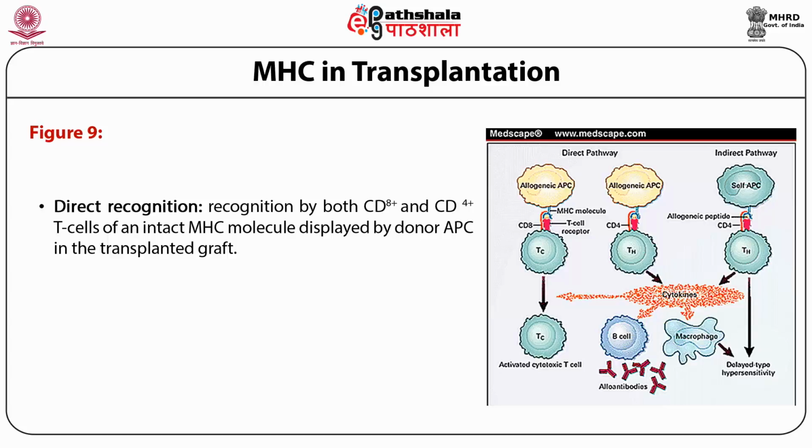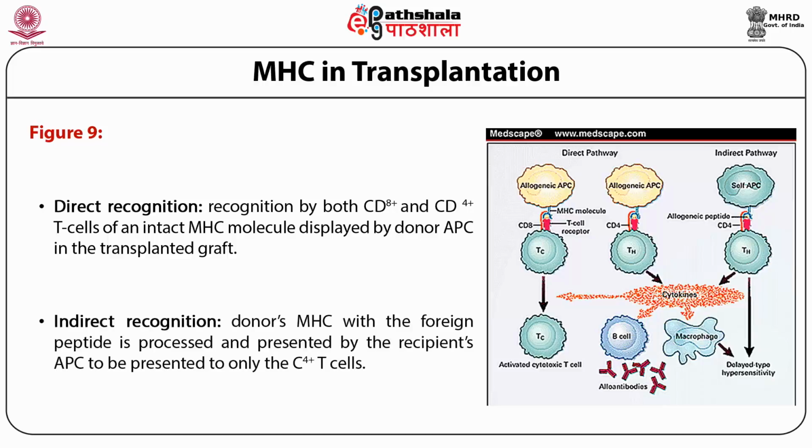We also see the indirect recognition pathway, whereby the donor's major histocompatibility complex with the foreign peptide is processed and presented by the recipient antigen presenting cells, which can either be the dendritic cells or simply the macrophages, and are presented to only the CD4 positive T helper cells, causing the delayed type hypersensitivity reaction.